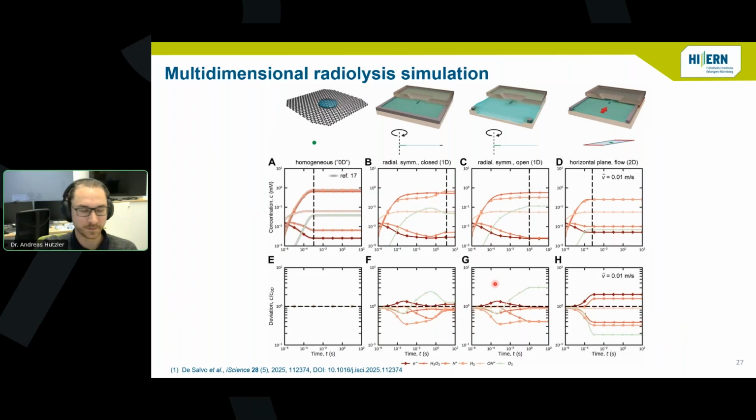Whereas if you want to simulate spatially dependent phenomena, so for example, if the electron beam is much smaller than your liquid volume, then you might need a more sophisticated 3D model, which we provide here in this publication.